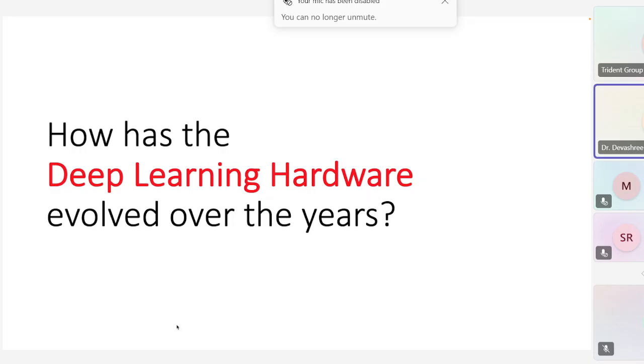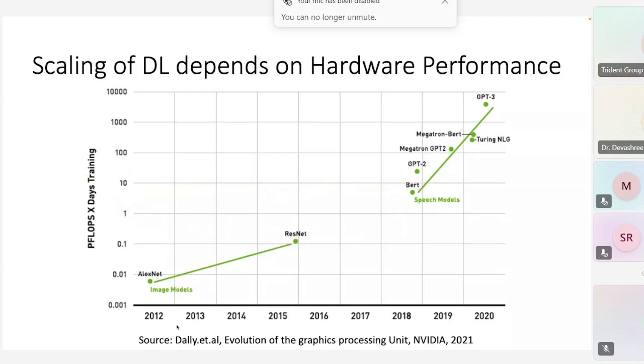And before I end the session, I would like to shed some light on how deep learning hardware has evolved over the years. Here on the x-axis, I have time, and on the y-axis, we have the complexity of every model, which stands for petaflops, a measure of throughput, multiplied by days of training.